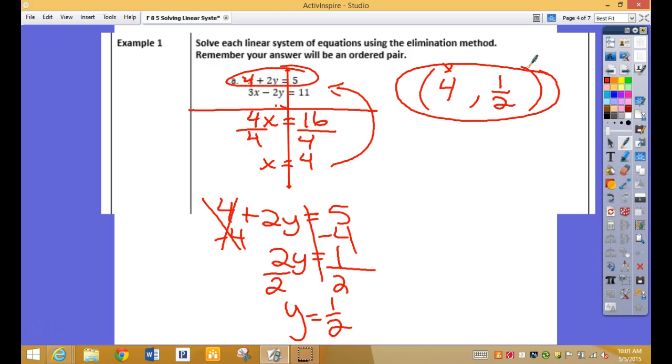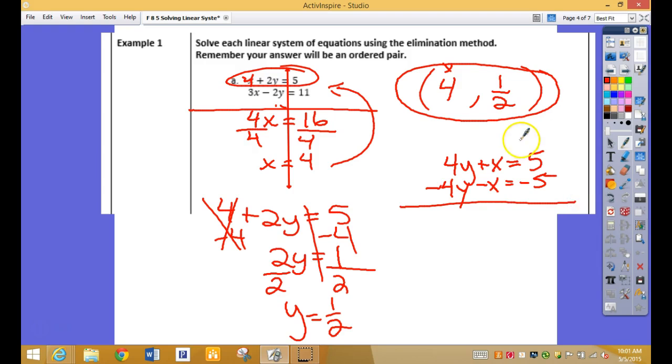Now sometimes what happens if, say I have 4y plus x equals 5, and then I have a negative 4y minus x equals a negative 5. What would happen in this problem? What happens to my 4y and my negative 4y? They cancel each other out.